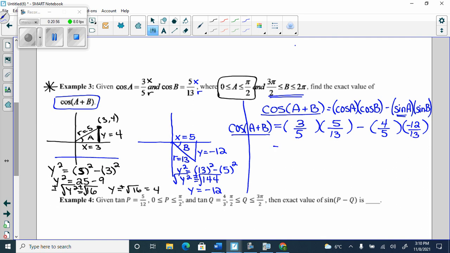And then I should get common denominators or I'm doing something wrong. I'm going to get 3 times 5, which is 15/65. And then minus negative 48/65, which actually results in 63/65.